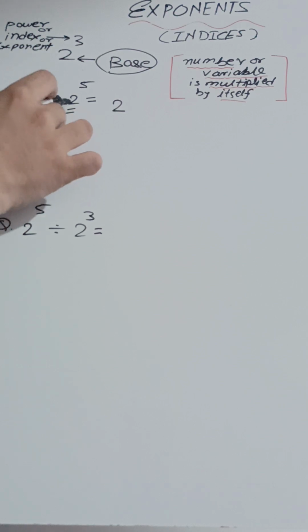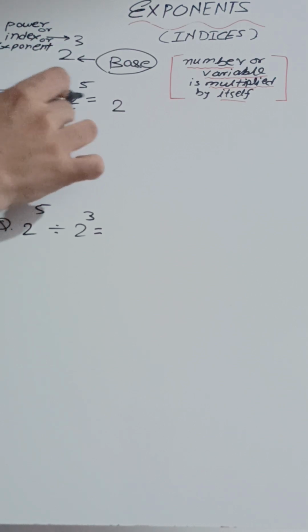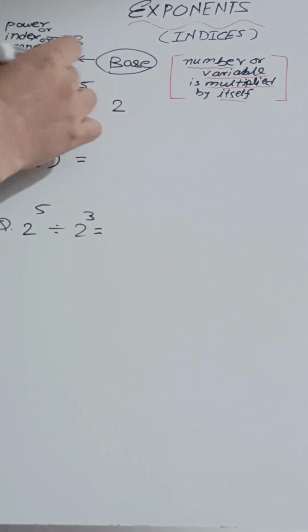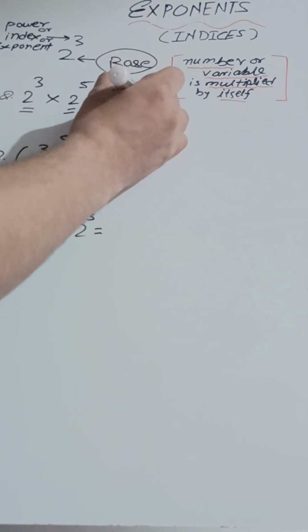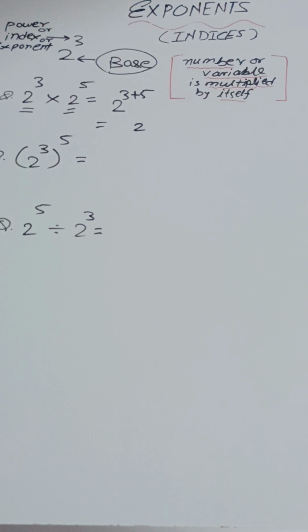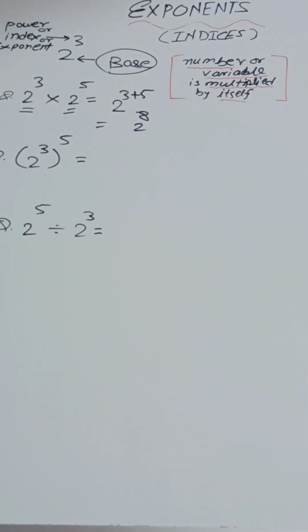So 3 plus 5, so your answer will be 2 raised to 3 plus 5, that is 8. So your answer will be 2 raised to power 8. So here the power or index or exponent becomes 8.